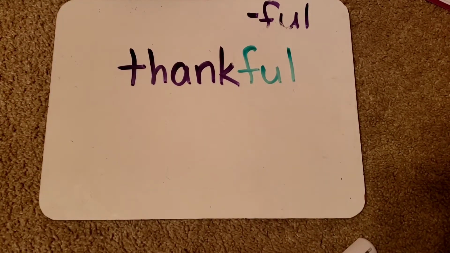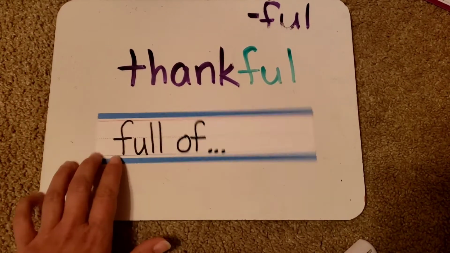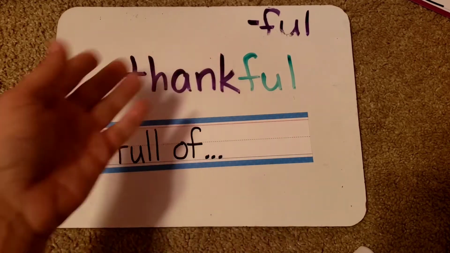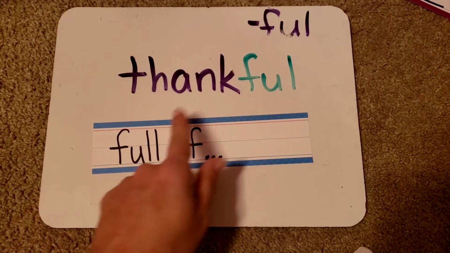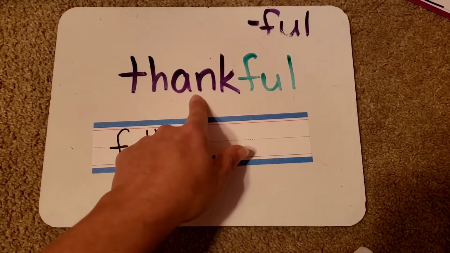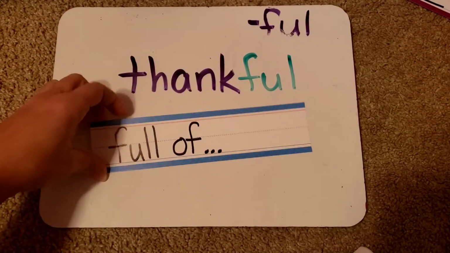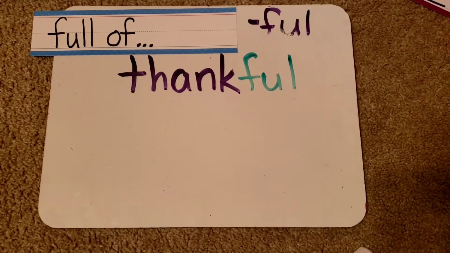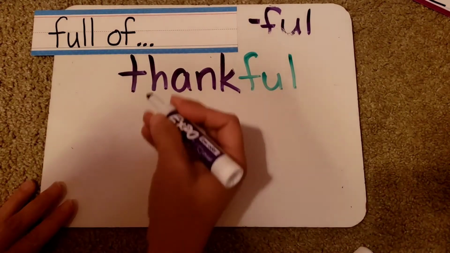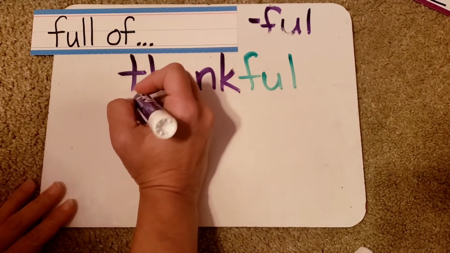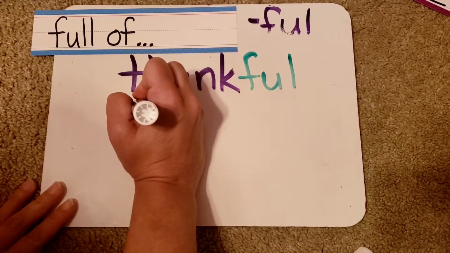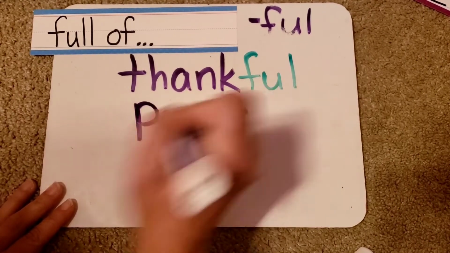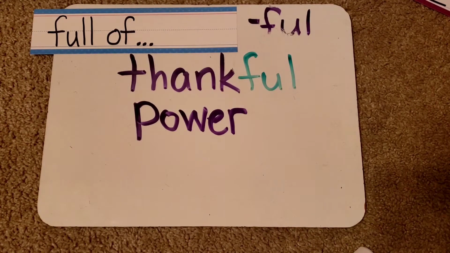And this is a nice, easy one to remember. When you add ful to the end of a word, it now means it's full of whatever that base word was. So thankful means full of thanks, right? We didn't do it in a thank way. That doesn't make any sense. So I'm going to put that full of. Another one would be power.